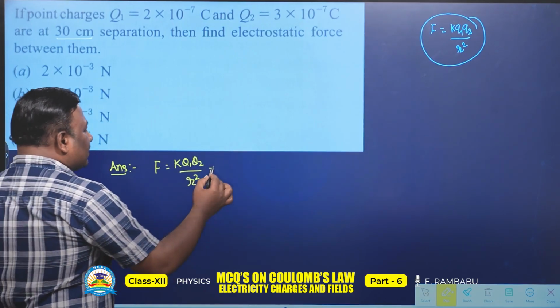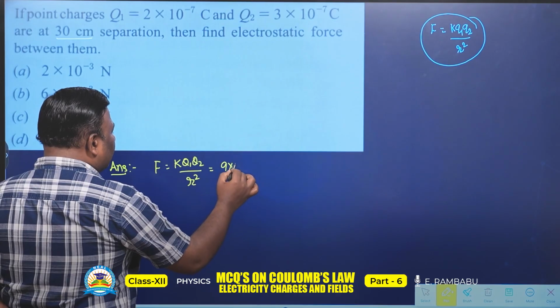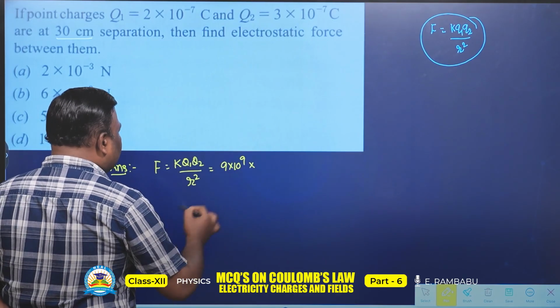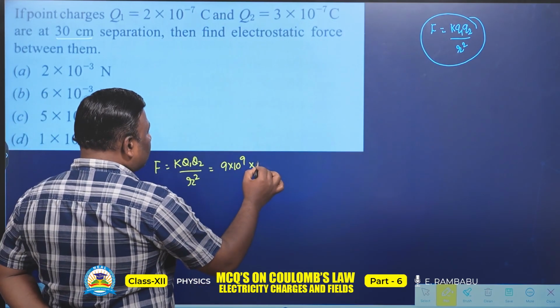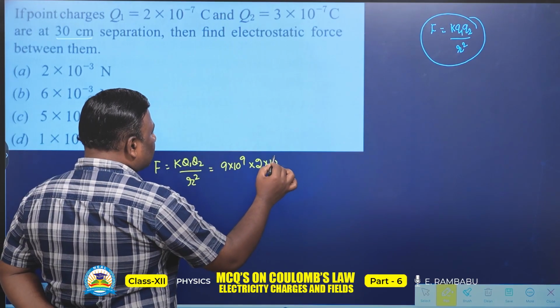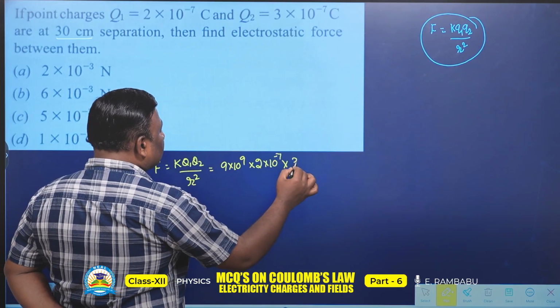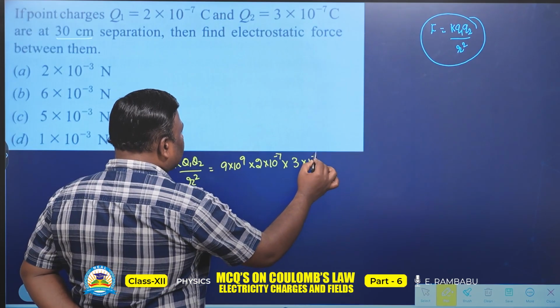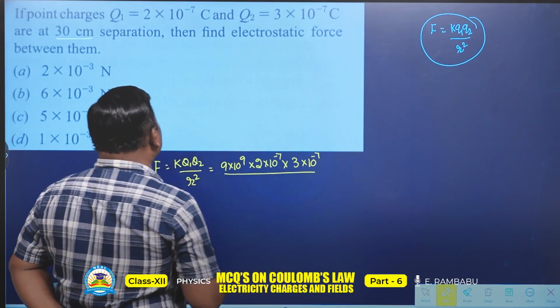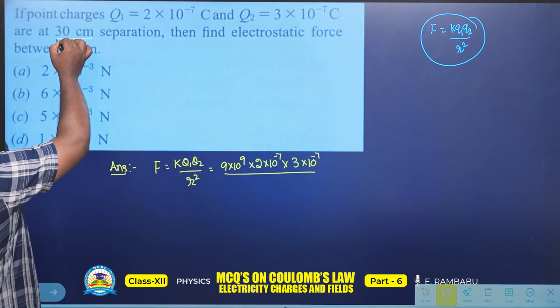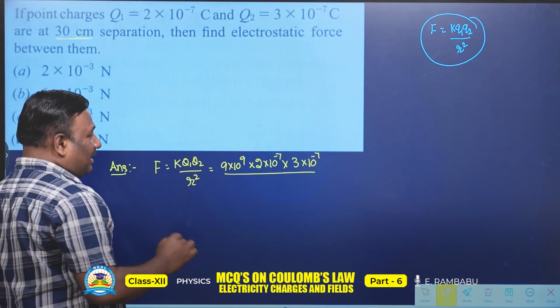Here the K value is nothing but 9 into 10 to the power 9, into Q1, which is 2 into 10 to the power minus 7, into Q2, which is 3 into 10 to the power minus 7, divided by the distance between the two charges. The separation between the two charges is given as 30 centimeters.